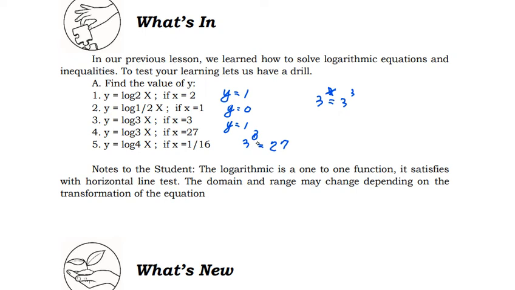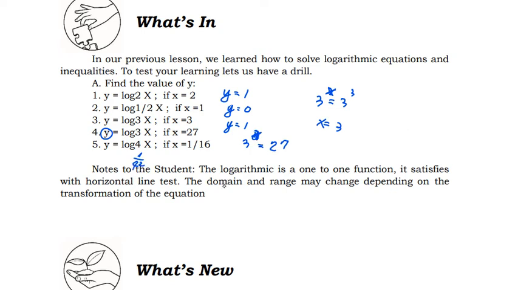And because x is the exponent, that is the question mark, then we say that x is equal to 3. So here, y is equal to 3. Okay? Then log of x base 4 if x is equal to 1 over 16. We know that 1 over 16 is 4 to the negative 2, no? Because that is 1 over 4 squared, and that is equal to 1 over 16.